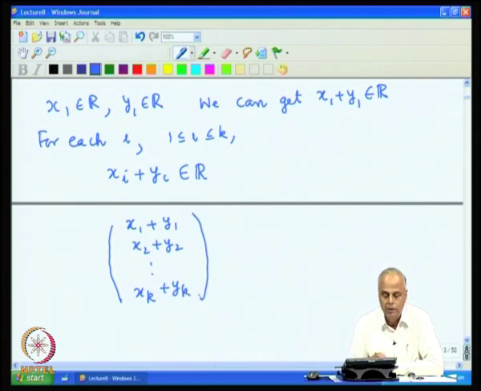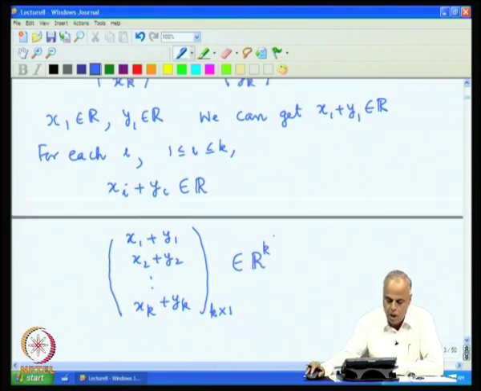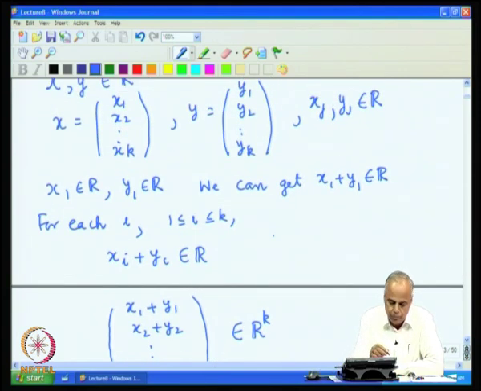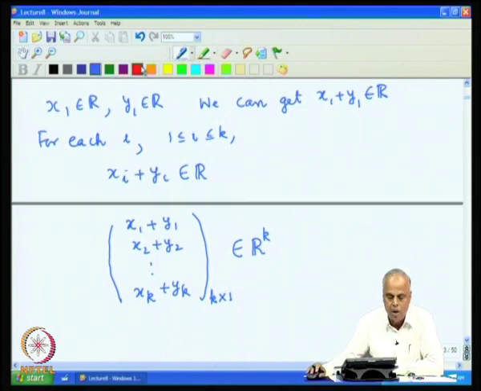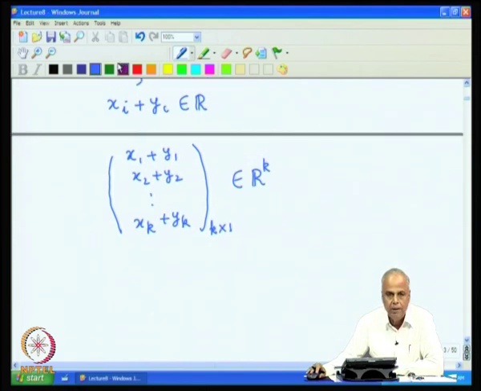Since this is a column matrix with k rows and one column and all the entries are real numbers, this is an element of R^k. So, starting from two elements in R^k, we have generated a new element in R^k using the addition operation in R, and therefore, we have a new addition in R^k induced by the addition in R.